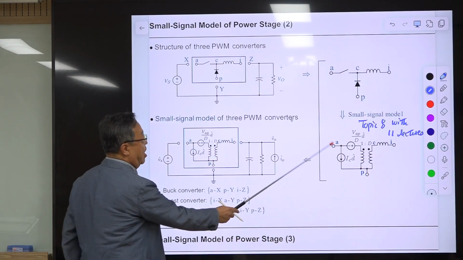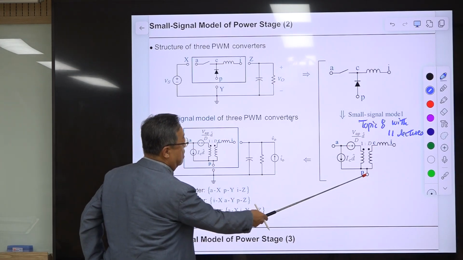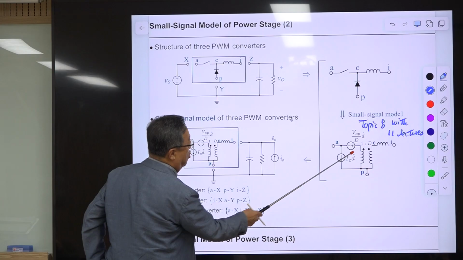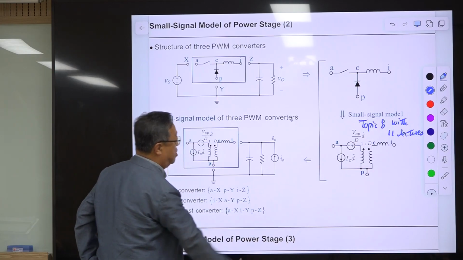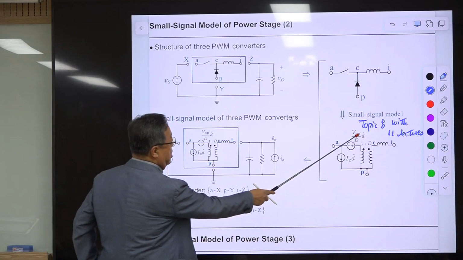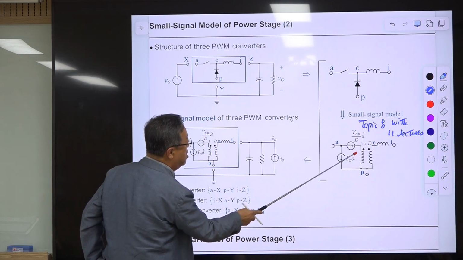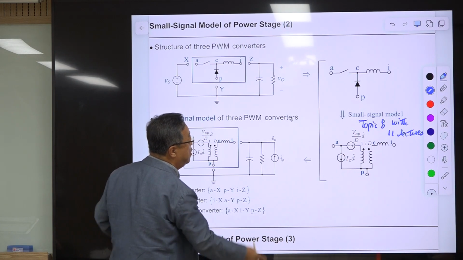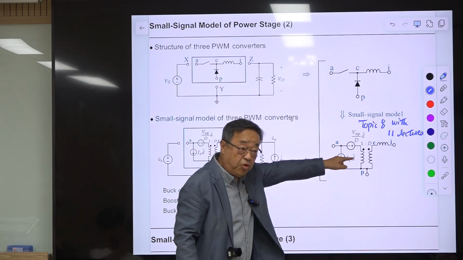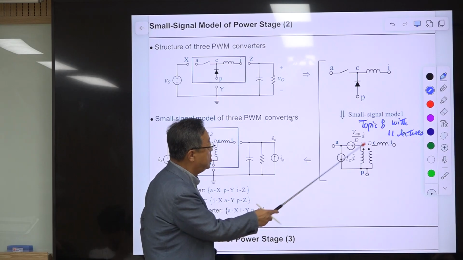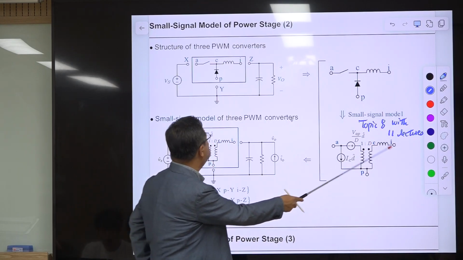Then the small signal model of this is this, right? It contains the DC information because this is the steady state duty ratio. This is the DC voltage across this A and P terminal. This is the DC current leaving from this common terminal. This is called A, active terminal, passive terminal, common terminal, inductor terminal here.